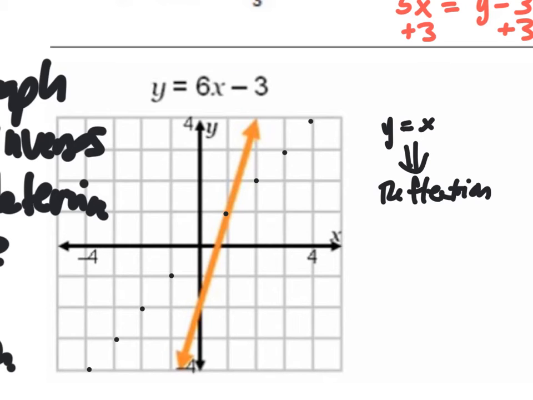That point right here looks to be the point 0, -3, according to my graph.